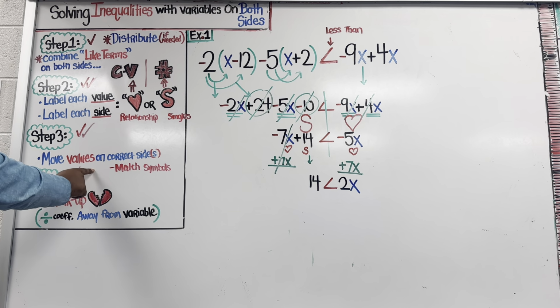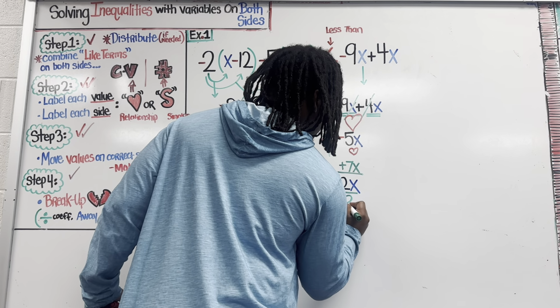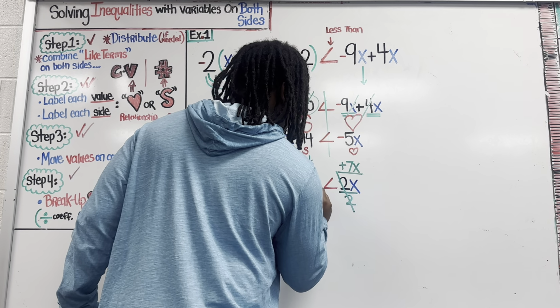And then step 4, guys, I'm breaking up the coefficient from x, which is 2 and x, right? And to break up the coefficient and x, I need to divide the coefficient away, okay? So I'm going to divide both sides by 2 in order for x to be by itself. So 2x divided by 2 is just x. And then 14 divided by 2 is 7.